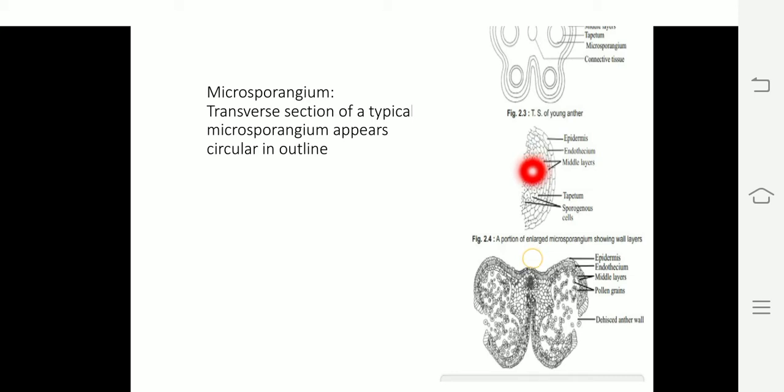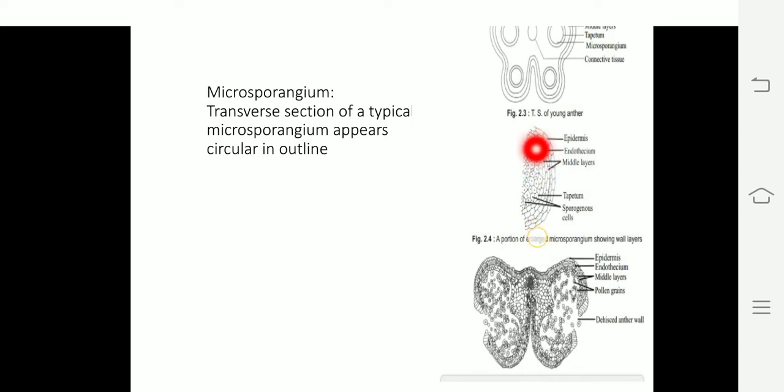This multinucleate condition is due to repeated endomitosis. The mitotic division occurs without cytokinesis and it results in polyploidy condition also. So the tapetal cells have dense cytoplasm and show the multinucleate condition.